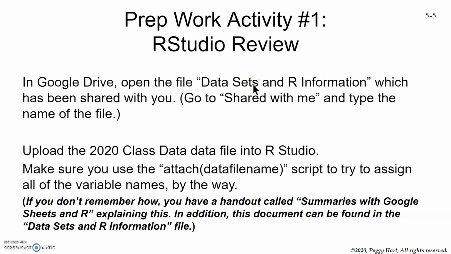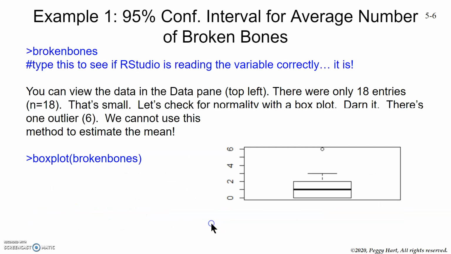Go find that document, go through those steps, and upload it. I'm going to expect when you come to class that you have this data file already uploaded, so I'll walk around and make sure you have it. If you have trouble, just pop into office hours sometime. So one of your jobs is to get stuff uploaded. Go review how to upload a file. We'll be using lots of different files.